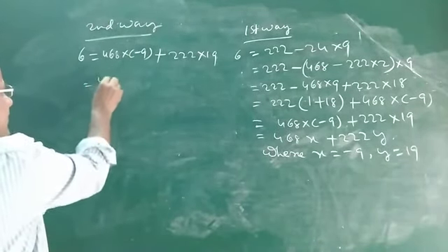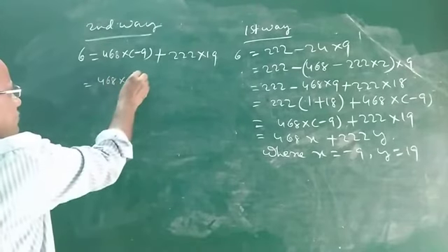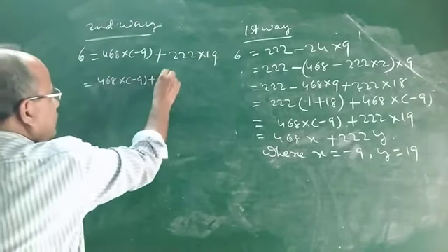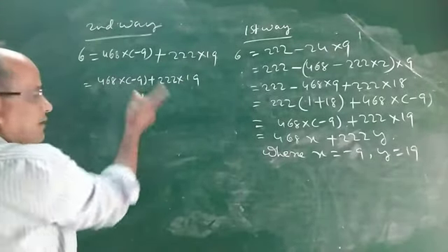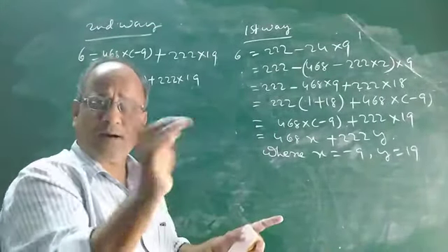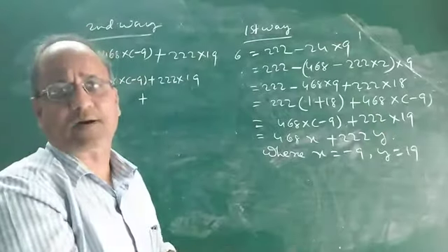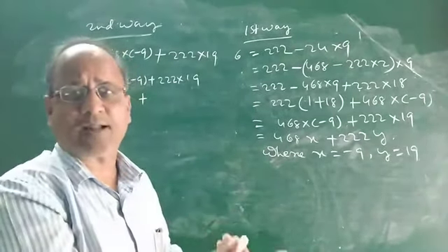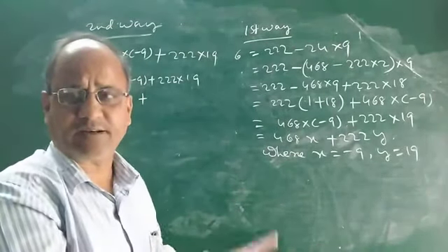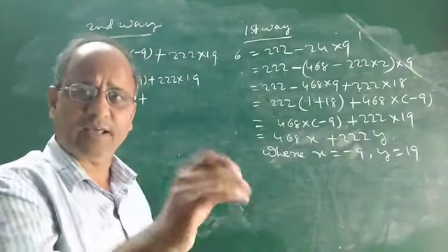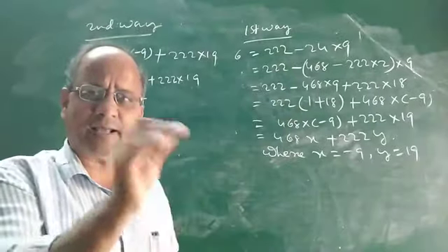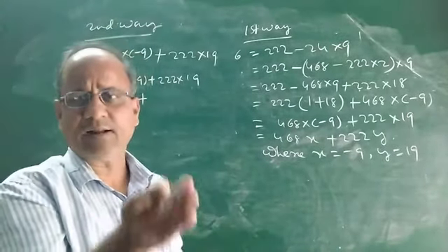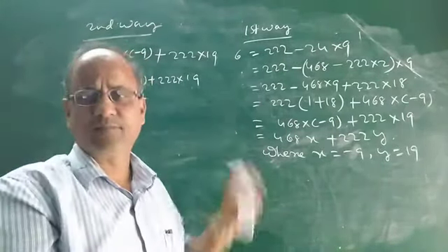I am writing once again, 468 into minus 9 plus 222 into 19 plus, add the product of the two numbers and subtract the product of the two numbers. That means if A and B are the two positive integers, add and subtract A into B. Because if we add and subtract AB, then on cancellation it will become 0.